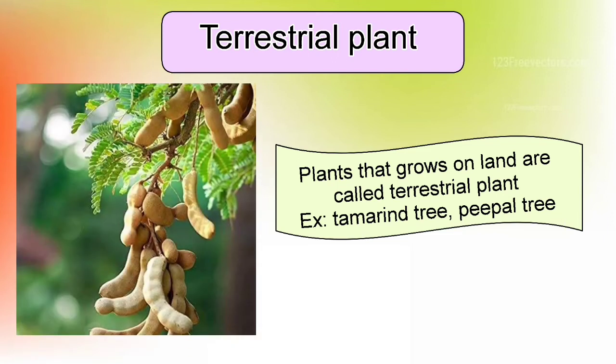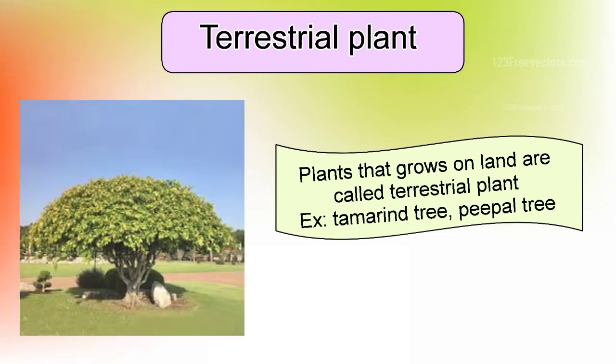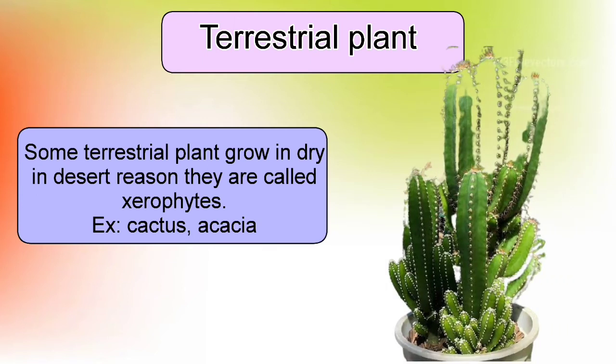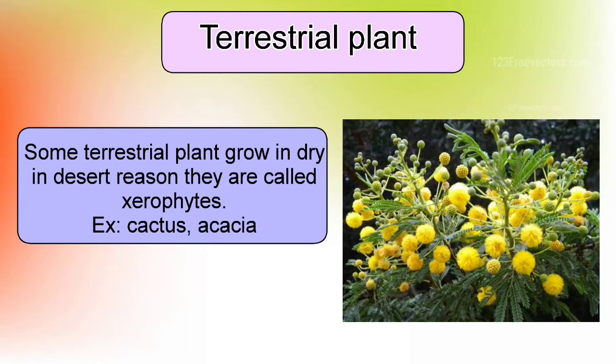For example, tamarind tree, peepal tree. Some terrestrial plants grow in dry and desert regions. They are called xerophytes. For example, cactus plant, acacia plant, etc.